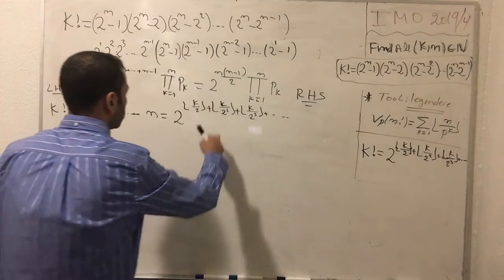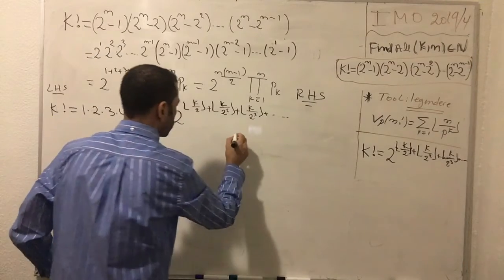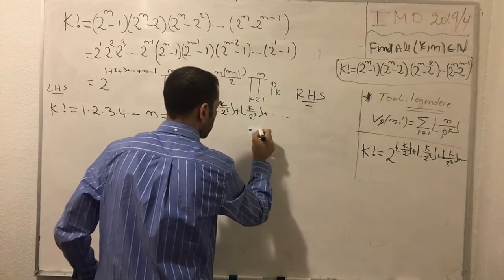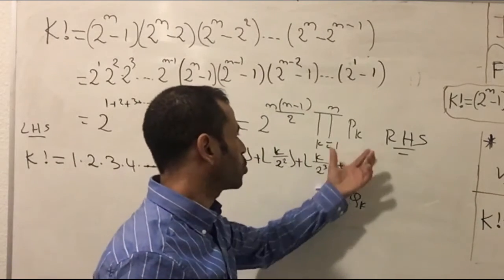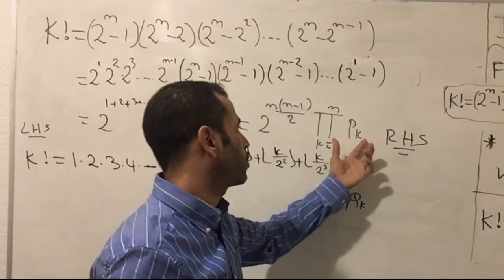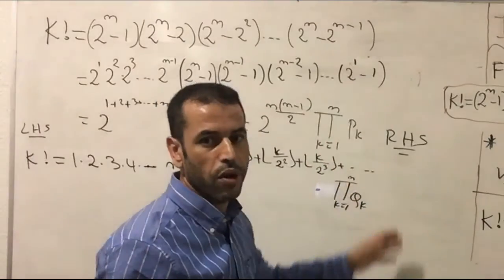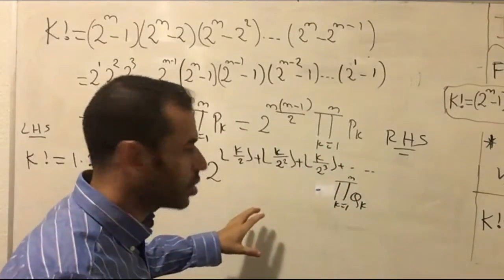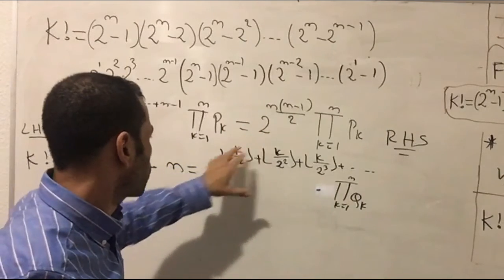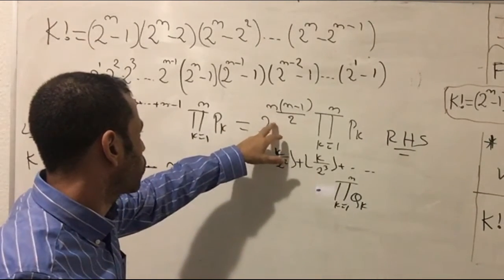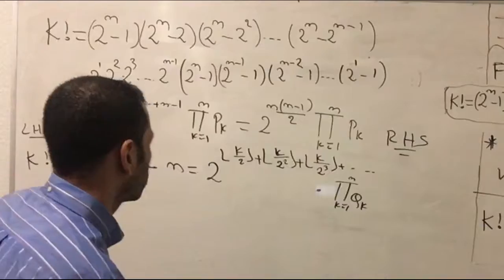As you see here, this one is multiplied by another product. We don't know this product, and also we don't know the product above, because we don't care about it. What I need here is the term written in this form, 2 to the exponent.